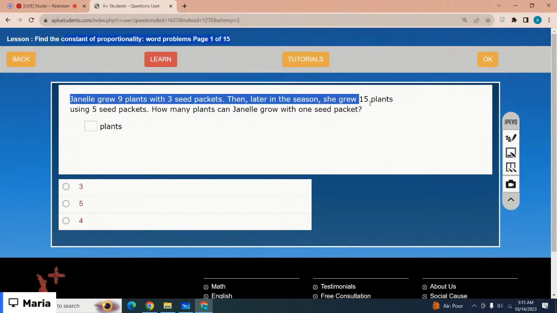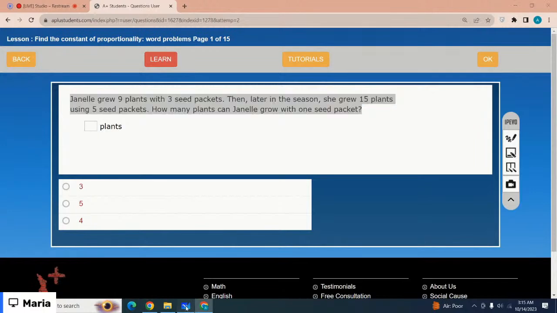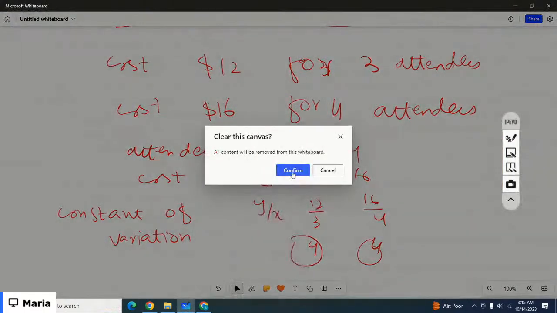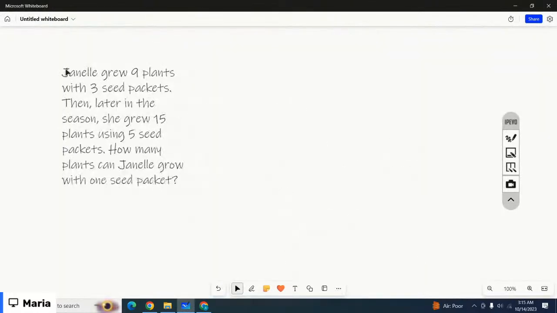Okay, we have to calculate the constant of variation or constant of proportionality for the question. Let's just see how we evaluate. We have to make a chart, because when you make a chart, that would be easy. You have 9 plants with 3 seed packets, right?